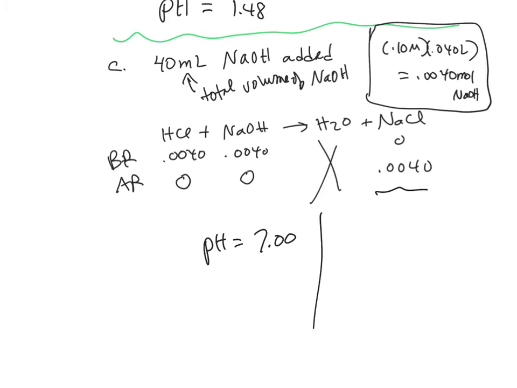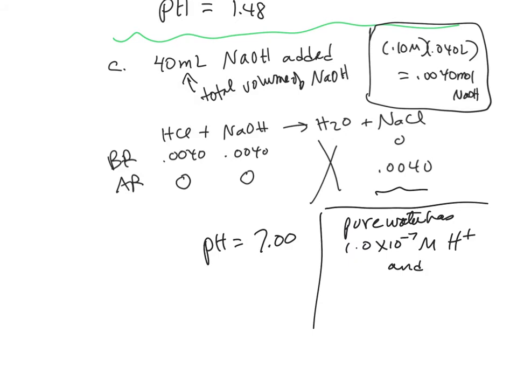If you want a little bit more detail on this, remember pure water has 1.0 times 10 to the minus 7 molar H plus and 1.0 times 10 to the minus 7 molar hydroxide. And the product of those two is Kw.